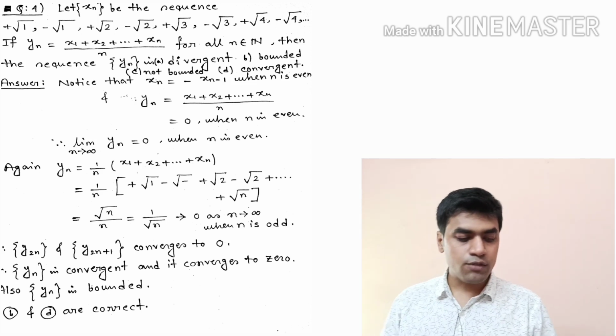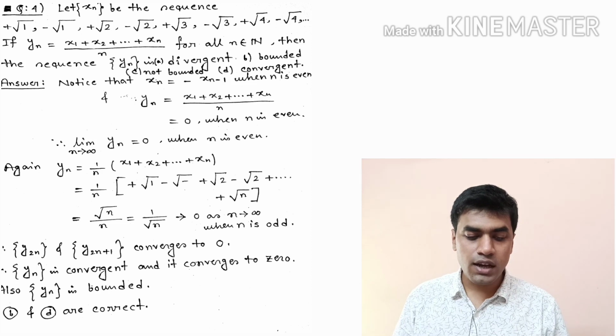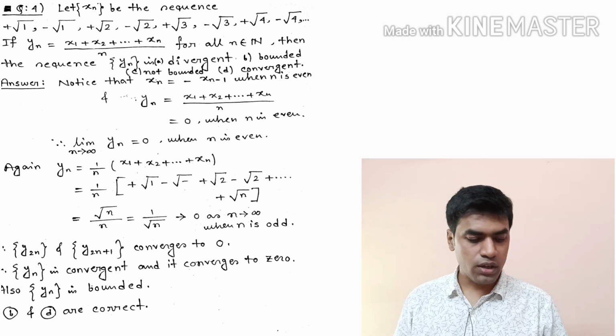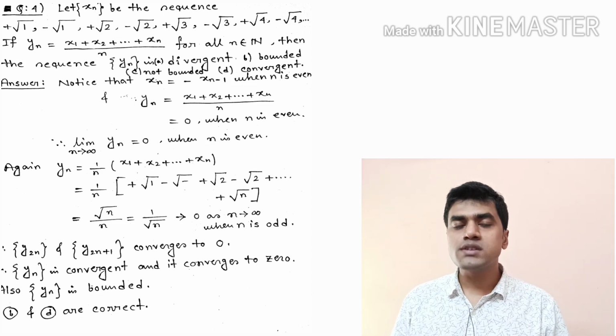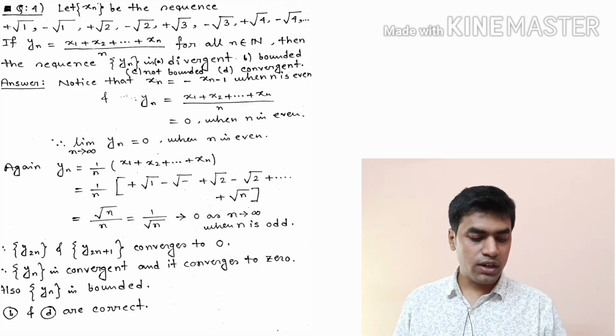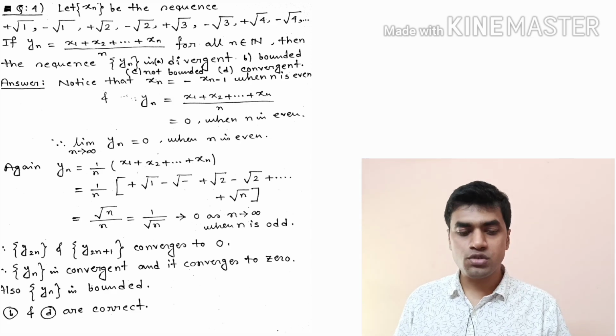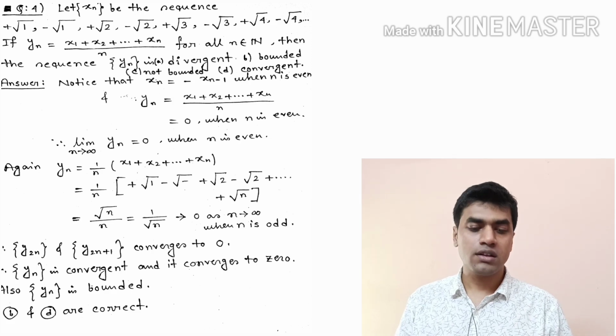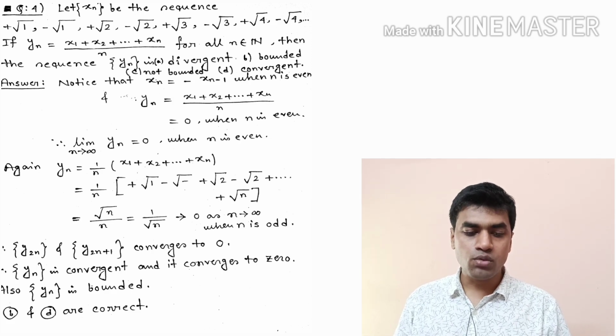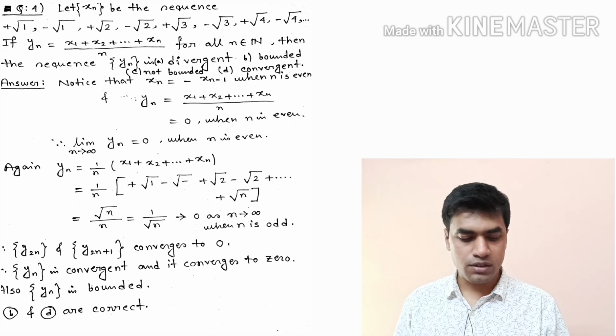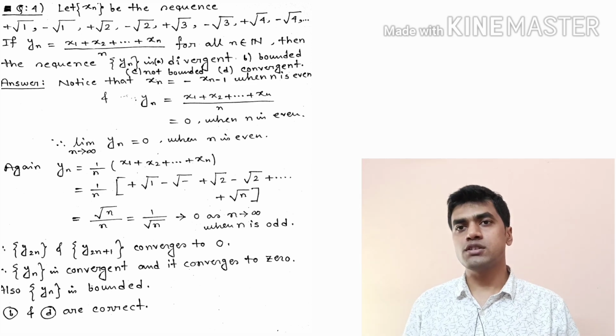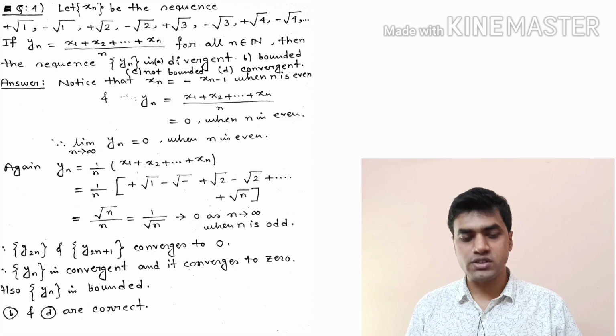Therefore yn is convergent and converges to 0. And yn is bounded because every convergent sequence is bounded. So there are two correct options, boundedness and convergence, that is B and D are both correct. It is a multiple select question.